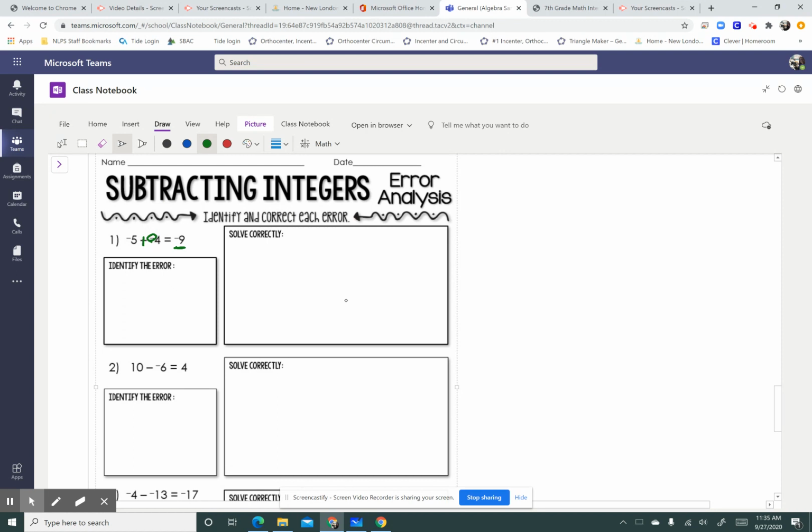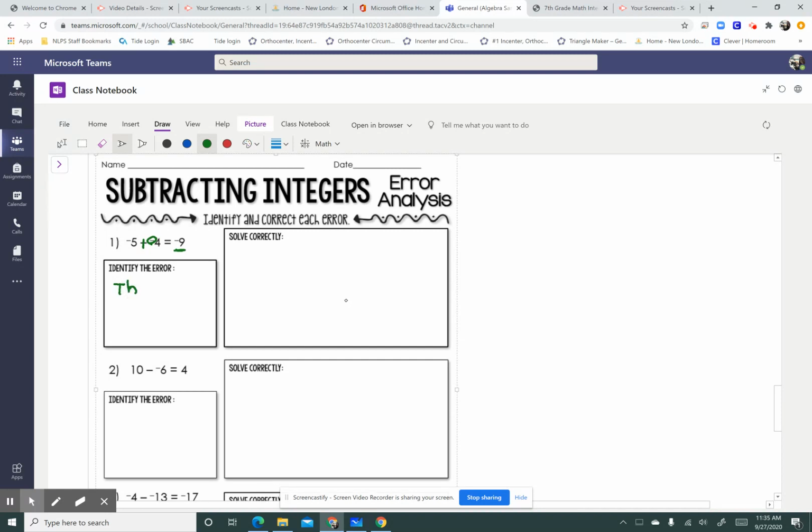What they did wrong was the 4 should have been added. And our new problem will be negative 5 plus 4 equals negative 1.